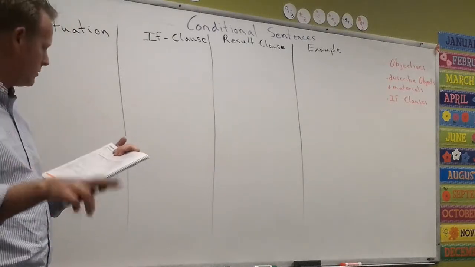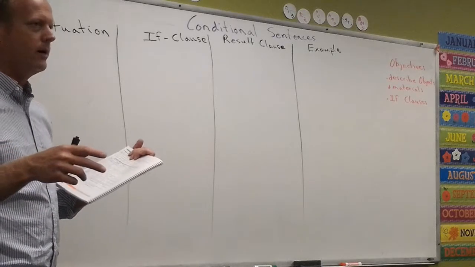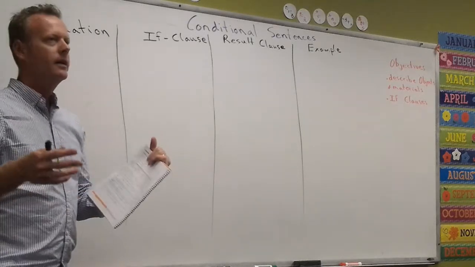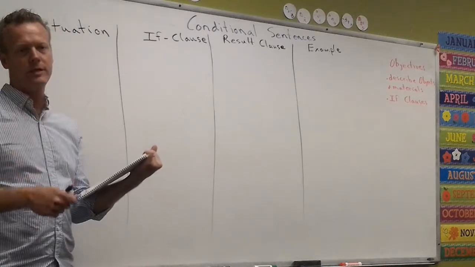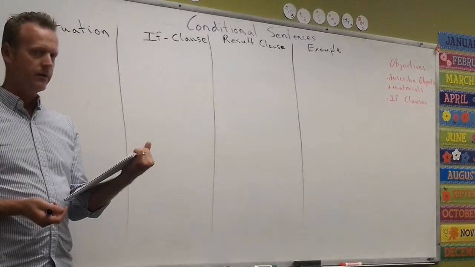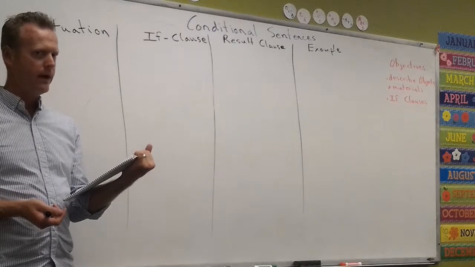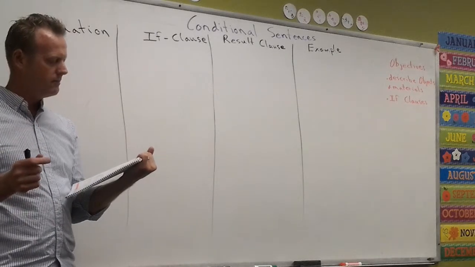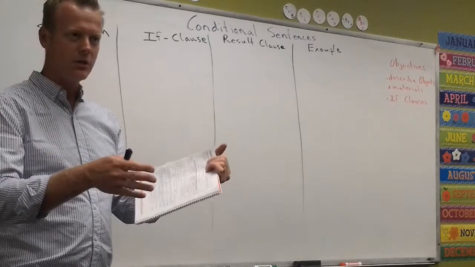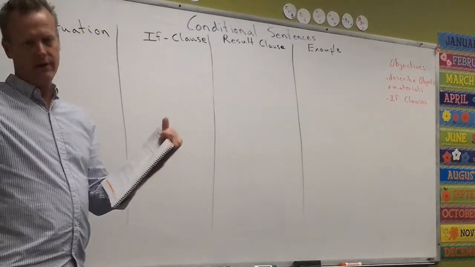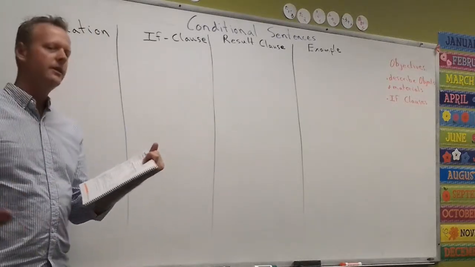Today we're going to talk about two. We're going to talk about how to talk about a situation that is true in the present or future. We're going to use the if clause to do that, and then there's always a result. So there's a condition and then a result of that condition. So let's look at the examples.